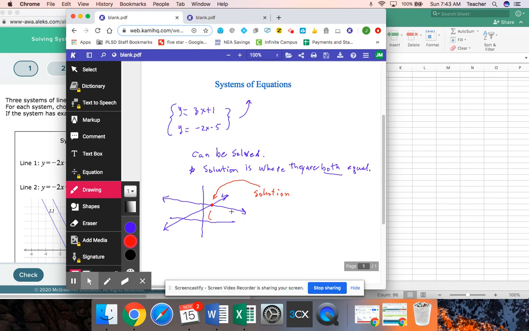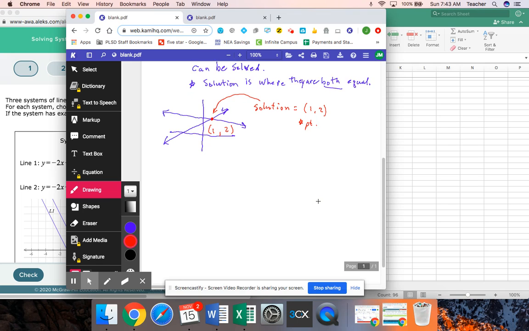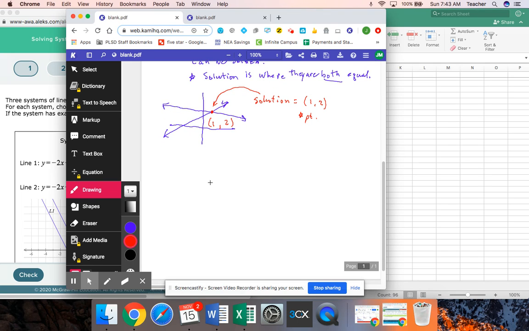If I told you that those coordinates were say 1, 2, then the solution to this system of equations would be 1, 2. It's where they are both equal. It is a point.